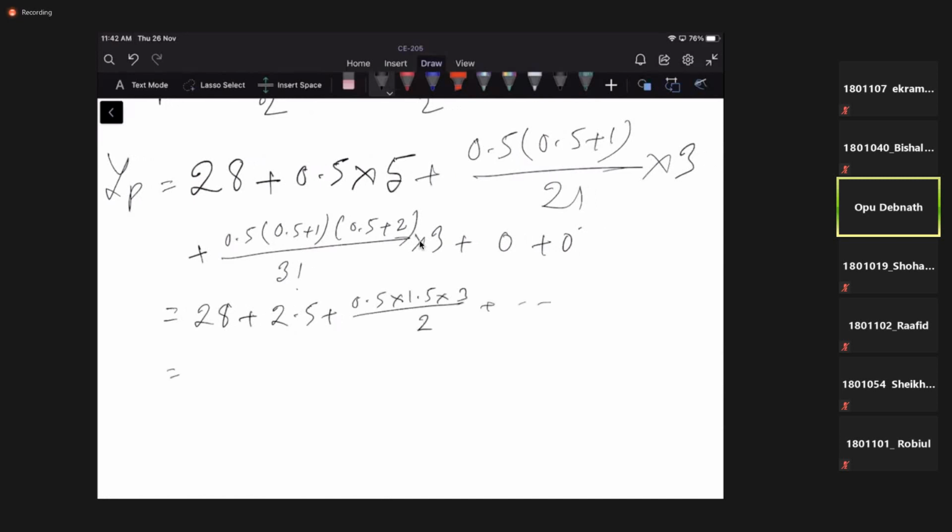After completing this, you will get the value of y12, that means the y value corresponding to 12. This will be 32.5625, something like this.